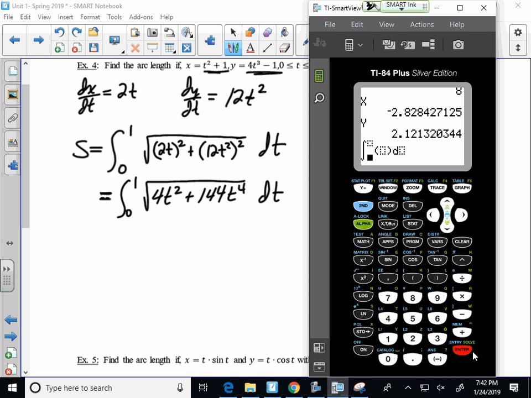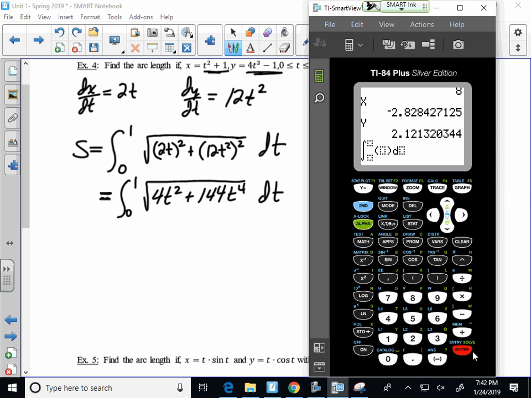It really doesn't matter what variable you're using in your integrand as long as the argument is the same. Whether t's, r's, or q's, it doesn't matter as long as there's no disagreement between these two fields.